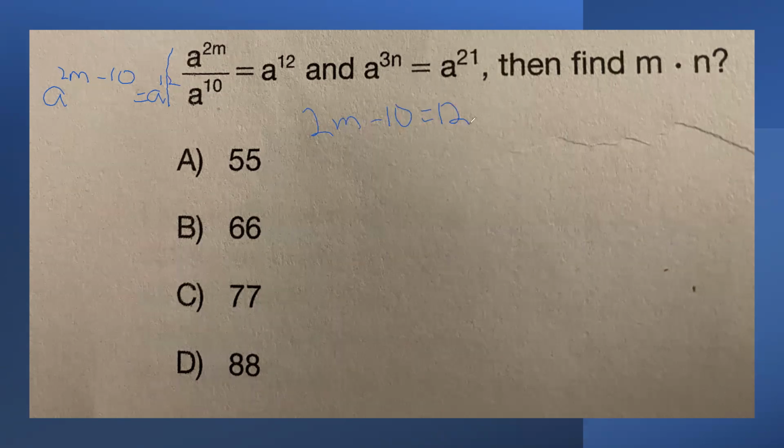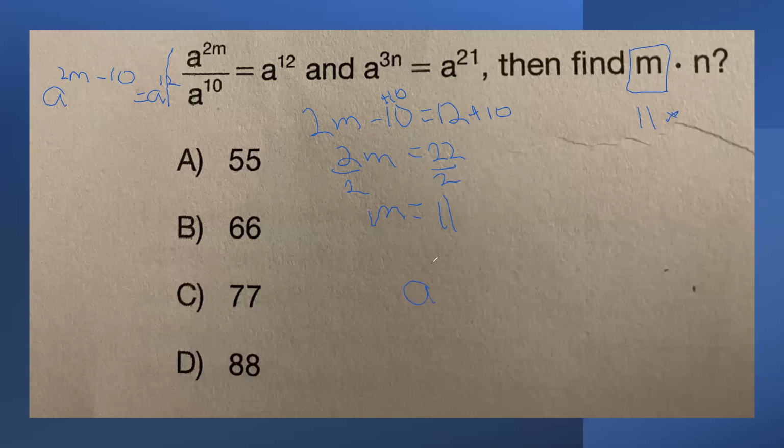Let me add 10 to both sides, and I'm going to get 2m is equal to 22. Dividing by 2, m is equal to 11. Now we need to find m, which is 11, and multiply it times n. So let's find n.